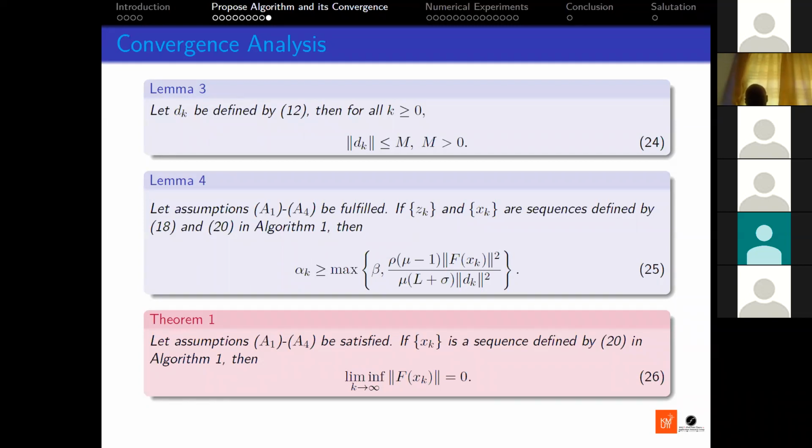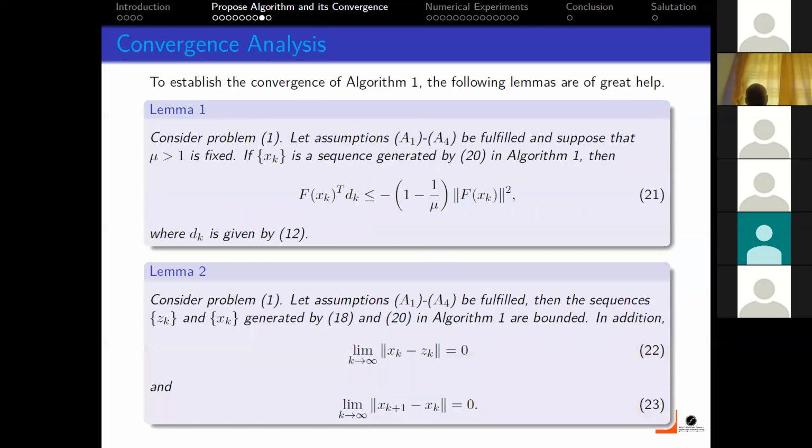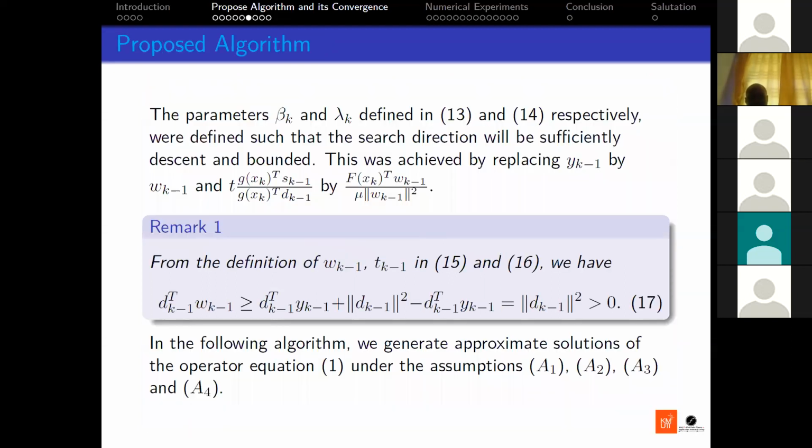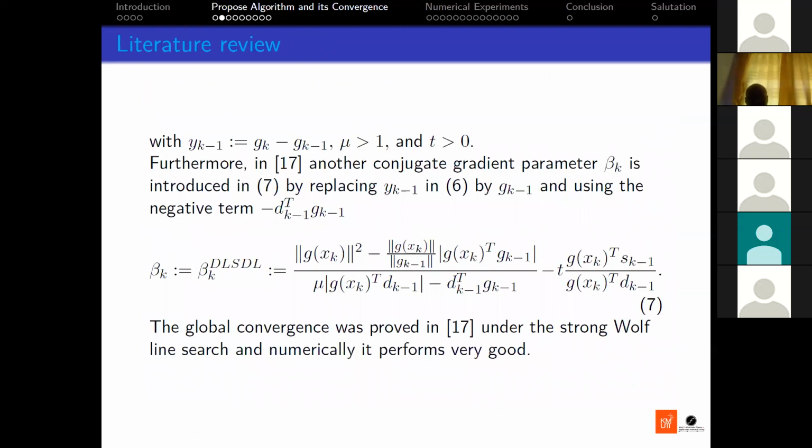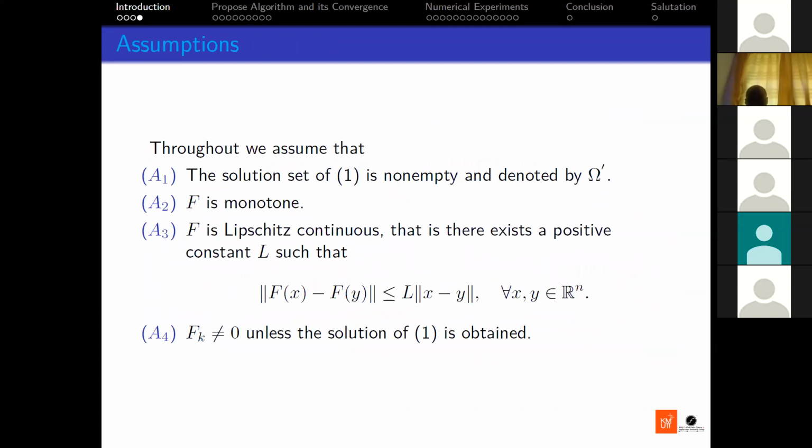May I have a look at the assumptions A1 until A4? Your assumptions A1 to A4? Yes. Is the assumption A2, that F is monotone?